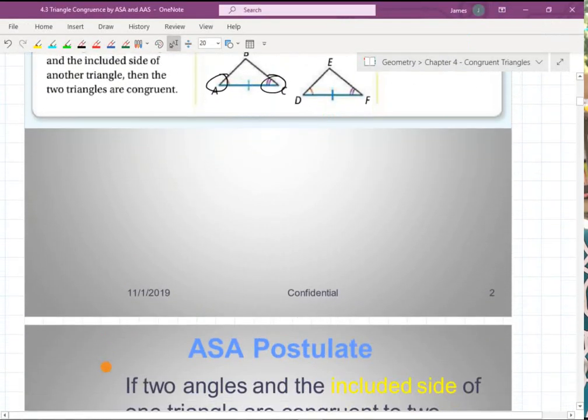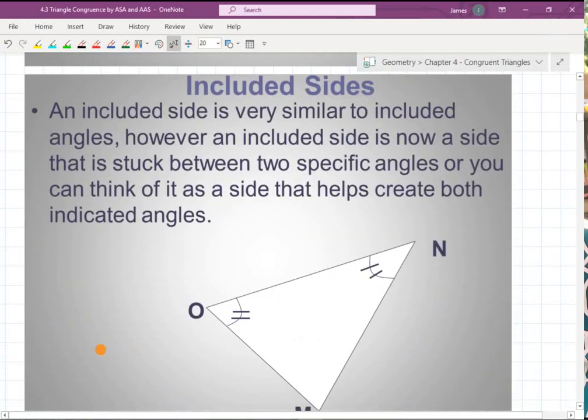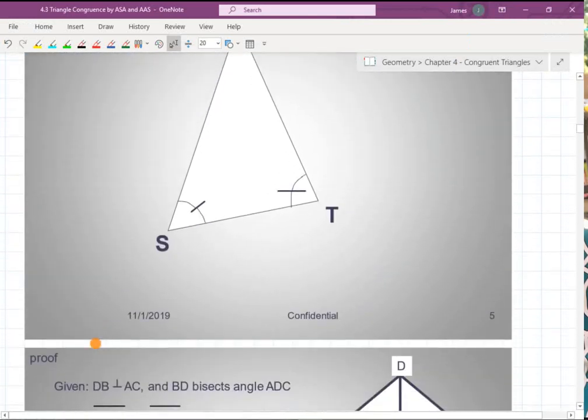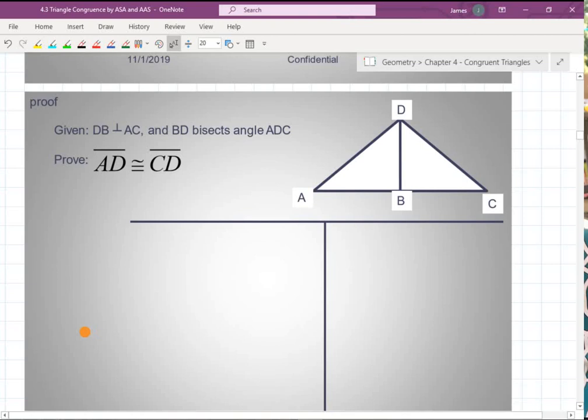So as we do proofs now, we have at our disposal those three tools: side, side, side, side, angle, side, or angle, side, angle. Those are the things that we can use as we work through proofs, which should be of a benefit. The more ways that we have the ability to show triangles congruent, the easier our proofs should be. The fewer steps they should be.